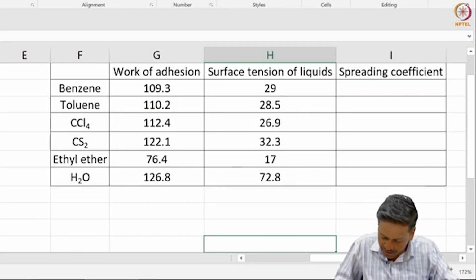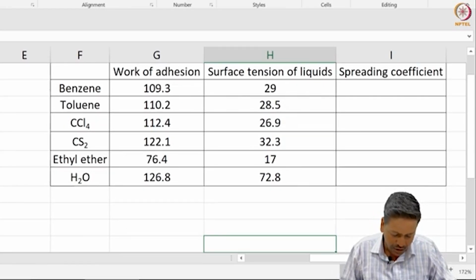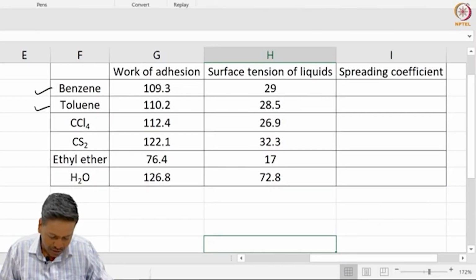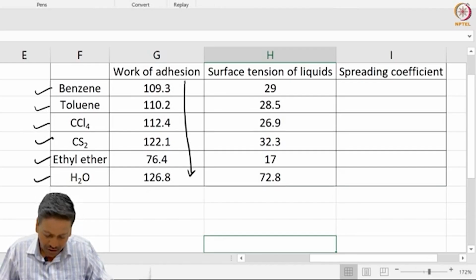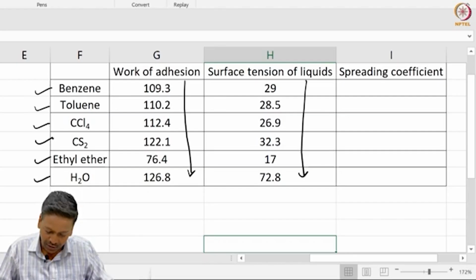I hope this Excel sheet is very clear to you. For different organic liquids, we have benzene, toluene, carbon tetrachloride, carbon disulfide, ethyl ether, and water. The work of adhesion has been reported by the authors, and this is the value I supply to you. The surface tension values for these liquids are taken from the textbook. Now we know the spreading coefficient is simply the work of adhesion minus the work of cohesion.